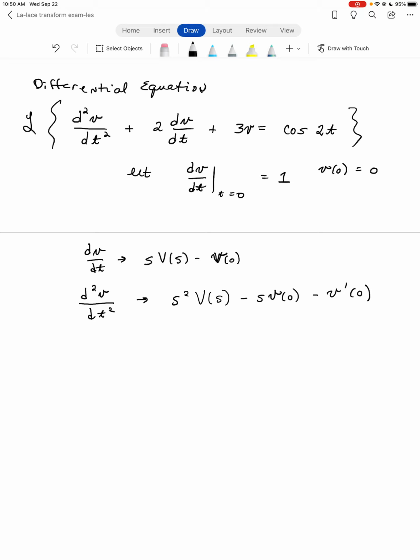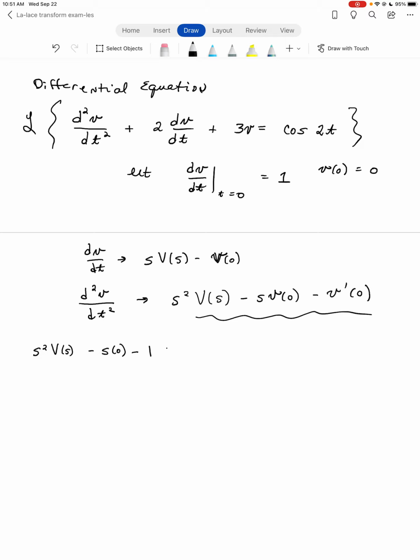So we're going to take these and make substitutions for our derivatives. For the second derivative, we substitute s squared V(s), and we have minus s times v(0), which was given as 0. Then we have minus v prime of 0, which is 1, so we have minus 1.